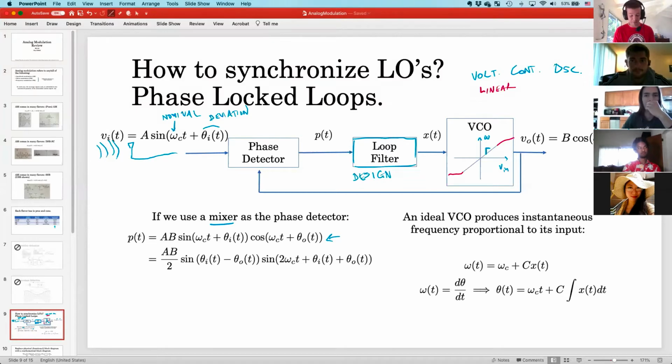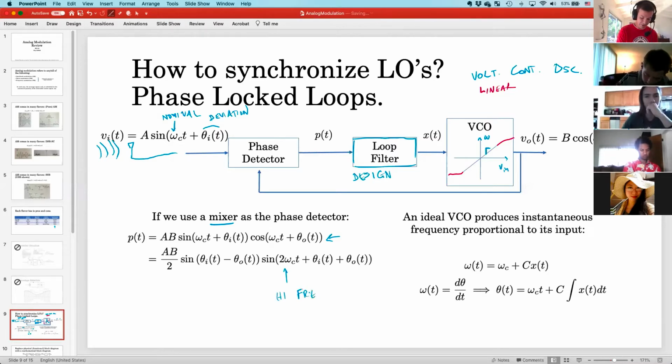So I'm sorry, but we are going to use a couple of trig identities here and there, and this is one of them. That if I multiply a sine with a cosine, I get to do this thing to them. The benefit of this is that the output, P of t, is going to have something that varies very quickly. So this is kind of high frequency.